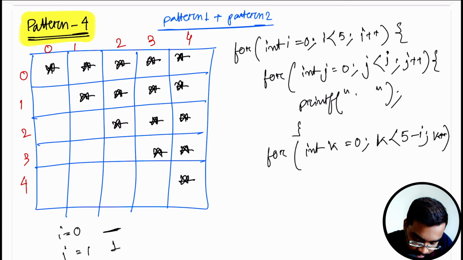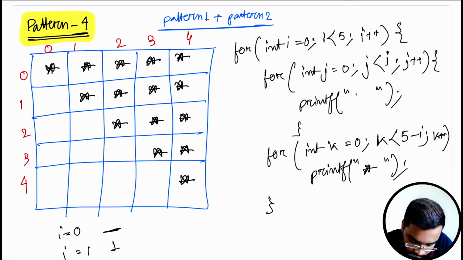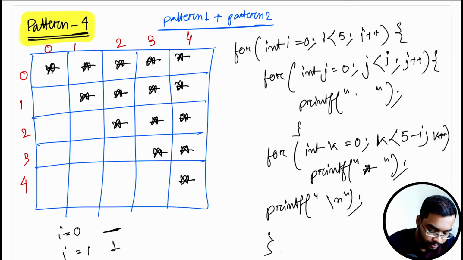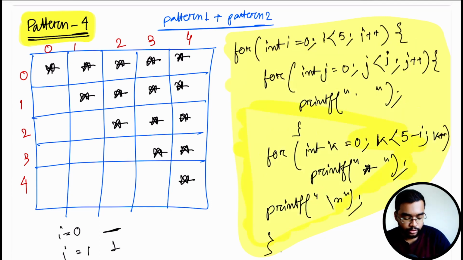In this way it is coming up. Then printf space, and then printf the expression, and this is the code.